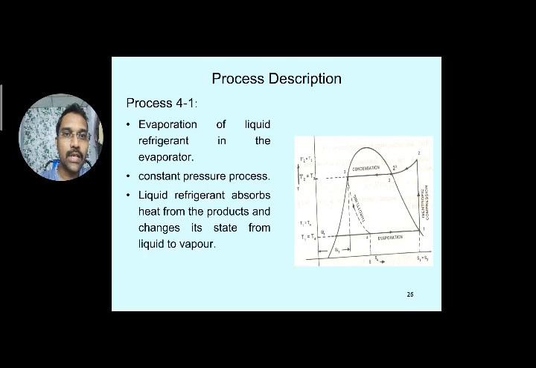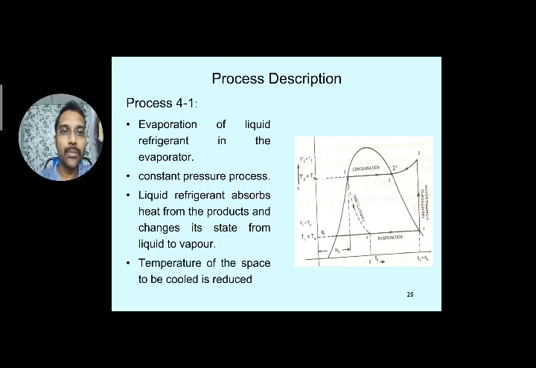Liquid refrigerant absorbs heat from the products, as I discussed earlier, and changes its state from liquid to vapor. In condensation, vapor changes to liquid, and in evaporation, it changes from liquid to vapor. Temperature of the space to be cooled is reduced.